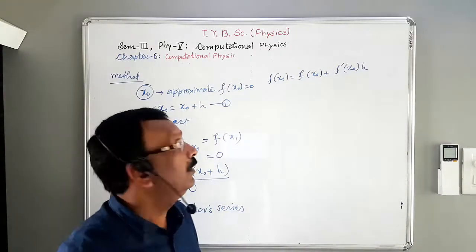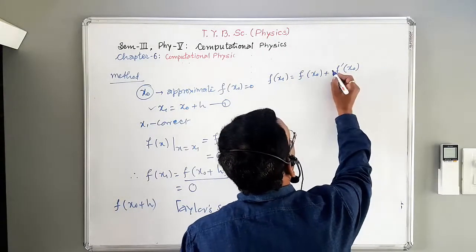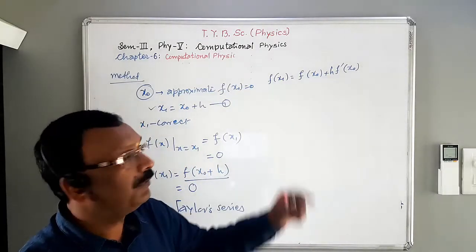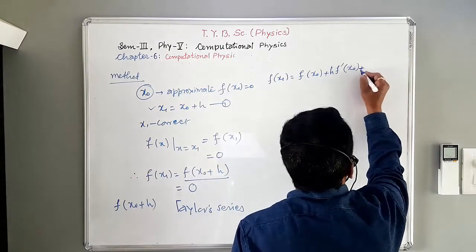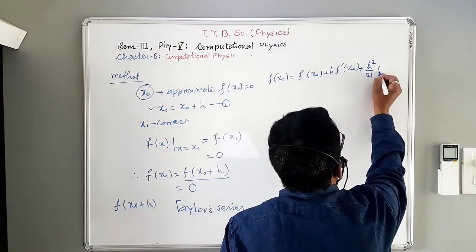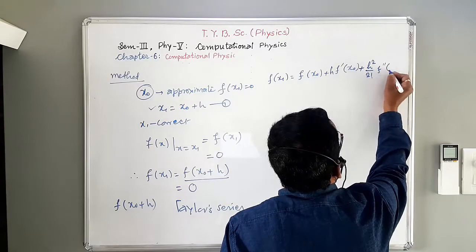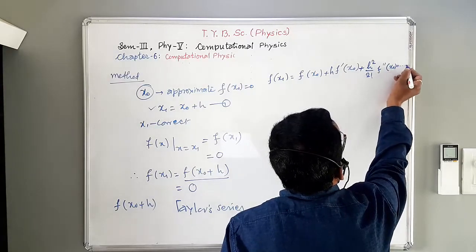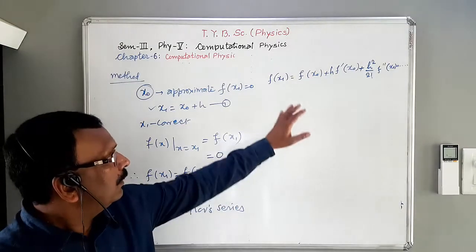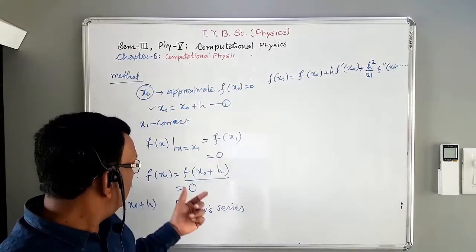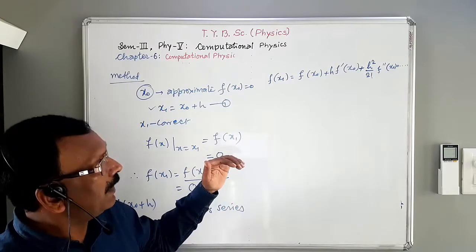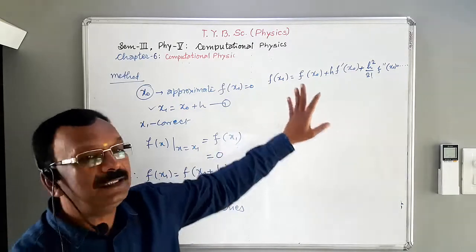This is the first order derivative term, then again h square by 2 factorial f double prime of x0, and so on. This is the Taylor series. Or we can say that this function with interval h can be expanded by using Taylor series like this.